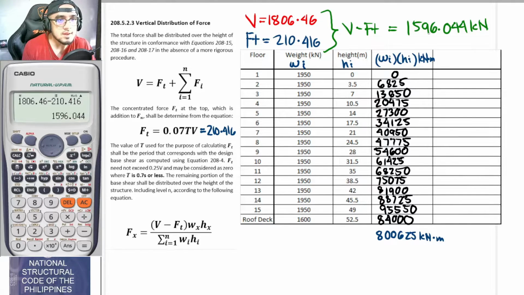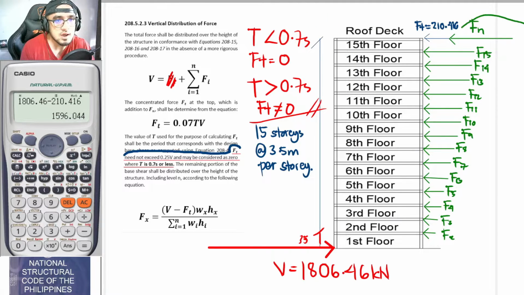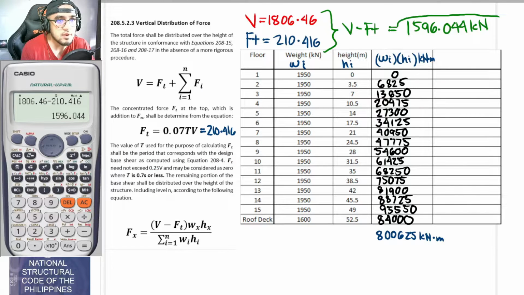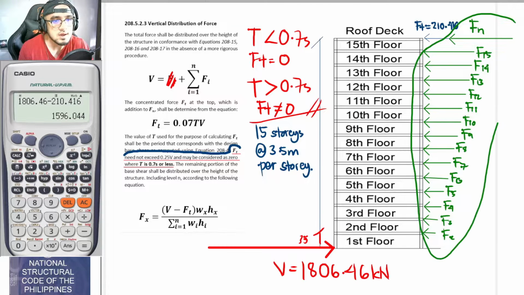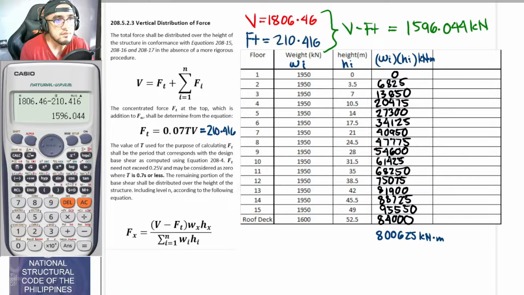So what that means is that all of these forces or all of these green loads here will now come from 1596.044 or vice versa. So we can say that this 1596.044 will now be distributed to all of these green vectors. And in order for us to do that, we will be making use of this equation, whereas this is basically V minus Ft. Then we will be getting just all of these ratios.